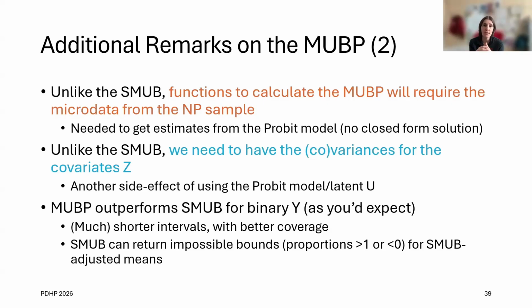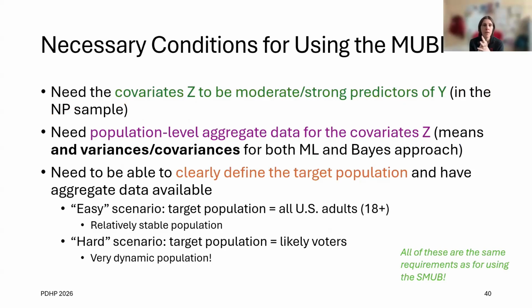As often happens when you treat a binary variable as a continuous variable in, let's say, a regression model, you can get predictions that give you estimated proportions outside the bounds of 0 to 1. That's undesirable. But the MUBP, because it is treating y correctly as binary, will never give you estimates outside of the 0, 1 interval.